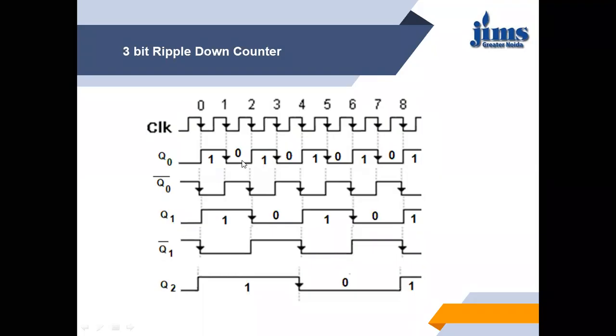Then 1, 1, 0, 6; 1, 0, 1, 5; 1, 0, 0, 4; 0, 1, 1, 3; 0, 1, 0, 2; 0, 0, 1, 1; 0, 0, 0, 0, and the next value is 1, 1, 1. So it starts with 7, goes down to 0, and the next state is 1, 1, 1, that is 7. That is how a down counter works.